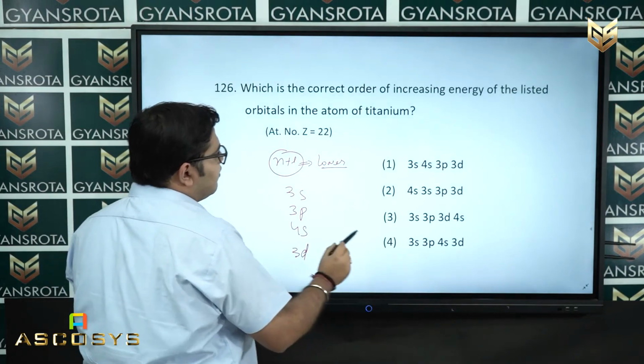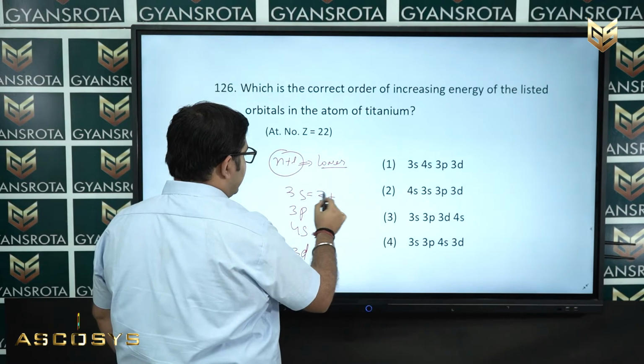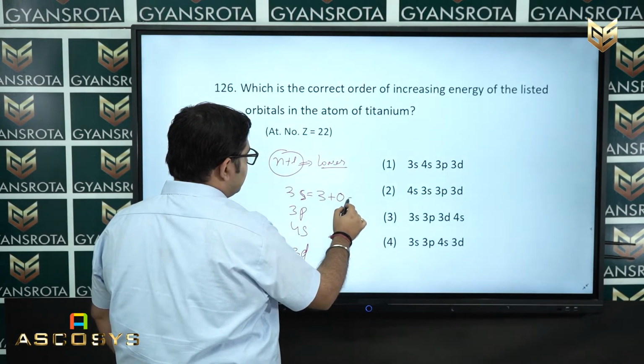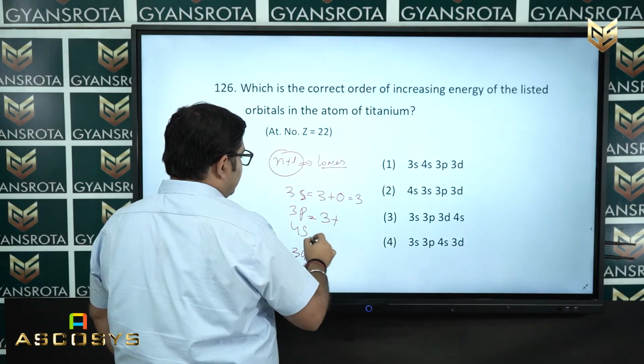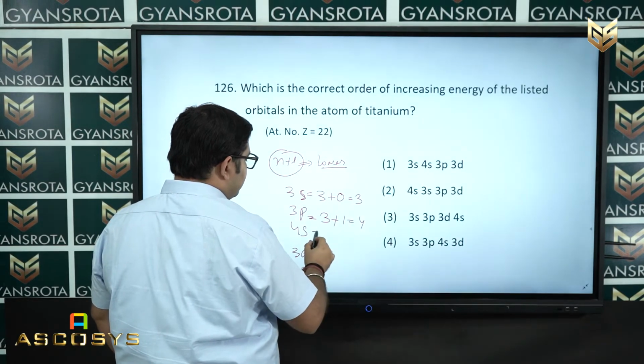Only these orbitals are given. For 3s, the l value is 0, so it is coming as 3. For 3p, the l value is 1, so it is coming as 4.